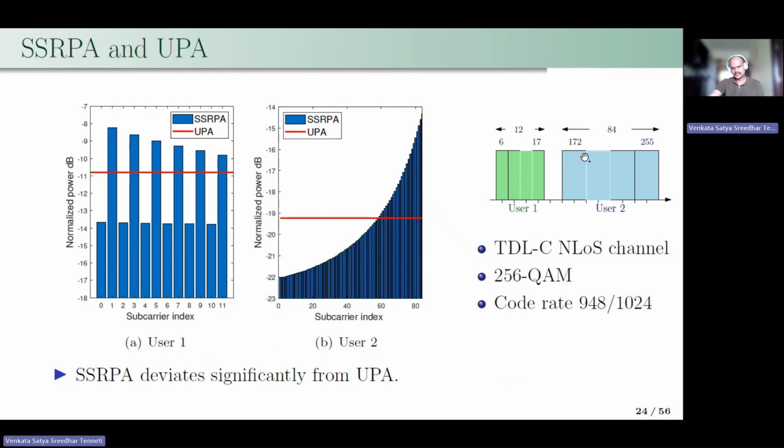Now, these subcarrier indices of user 2, because of the DFT wraparound, can be mapped to -84 to -1. So effectively, subcarrier 255 is closer to user 1, so it experiences higher INI power. Thus, it is assigned higher power. Effectively, our proposed power allocation scheme assigns more power to the subcarriers which face higher INI power.